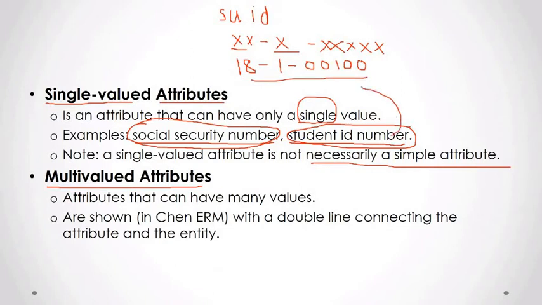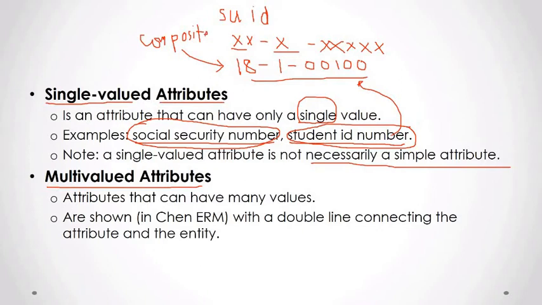This is a student ID. So since this is a student ID, then this is a single valued attribute. So one student will only have one value. But this is a composite. Okay, this is a composite attribute.